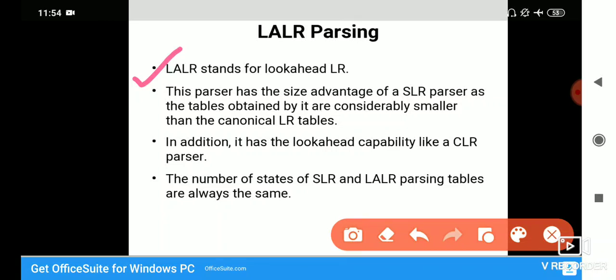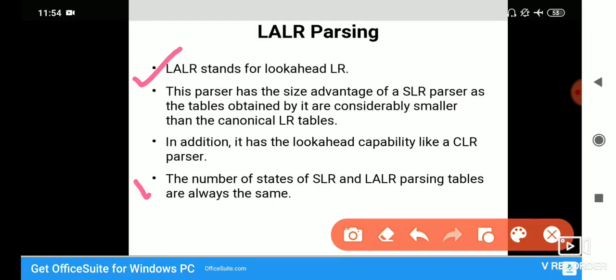Also it is saying that the advantage that we have in CLR of the look ahead symbol, here also we will have the same advantage of look ahead symbol. So in totality, LALR has both the abilities of SLR as well as CLR. Of SLR it has the size advantage, that means the number of items of SLR and LALR will be same.